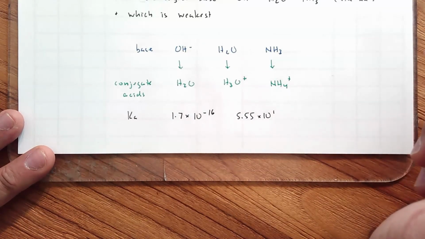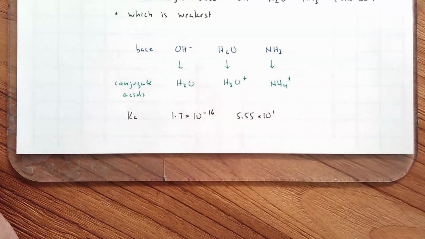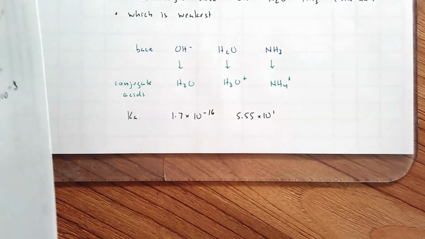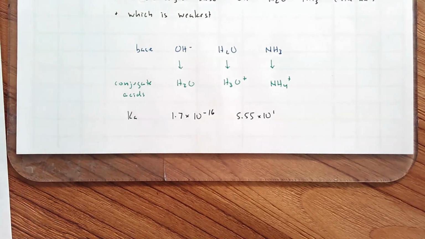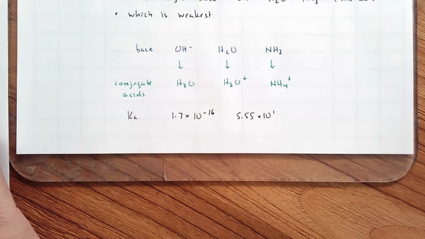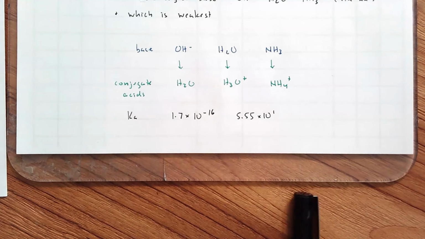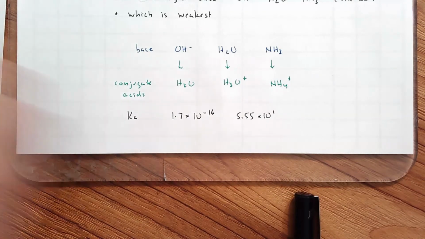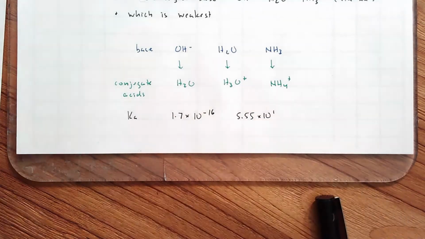NH4 plus, and that's the one I did not pick up. Let me look that up on my phone real quick. What is that called? That's called ammonium. What do you notice actually?